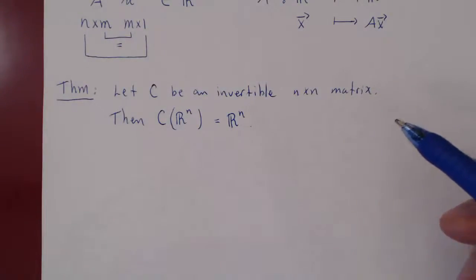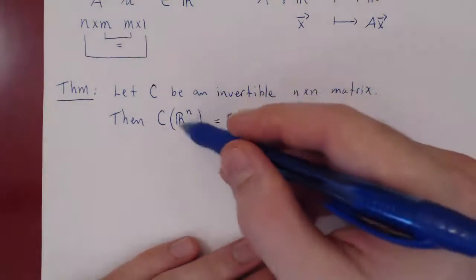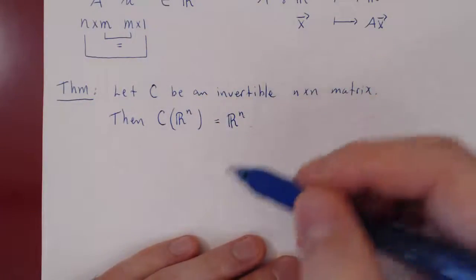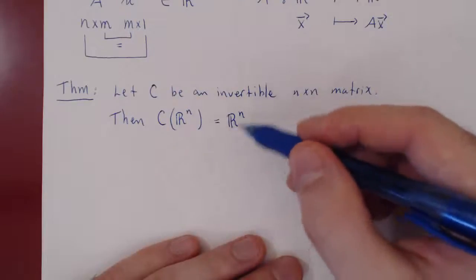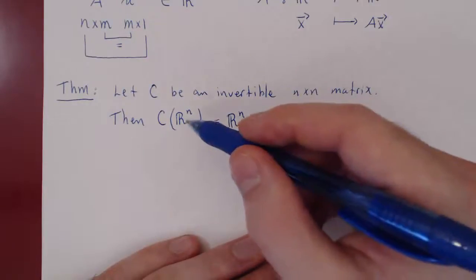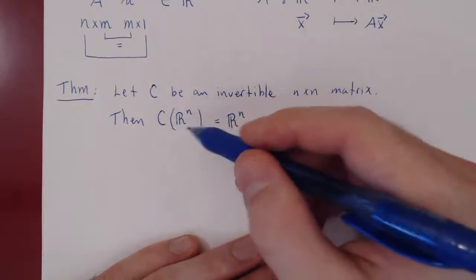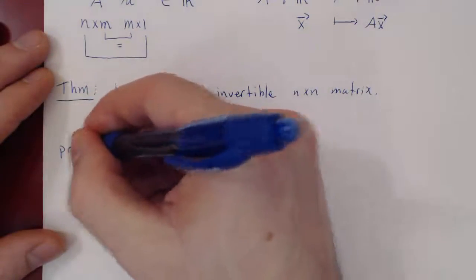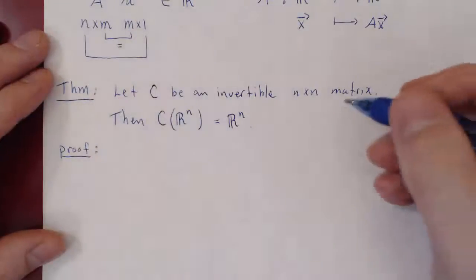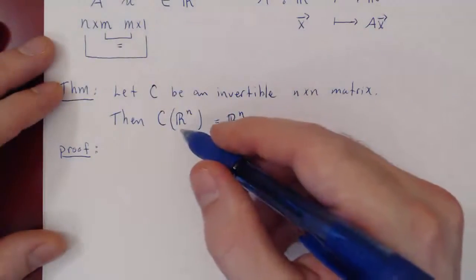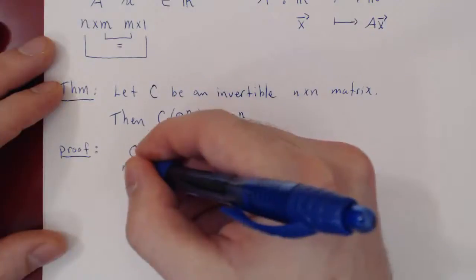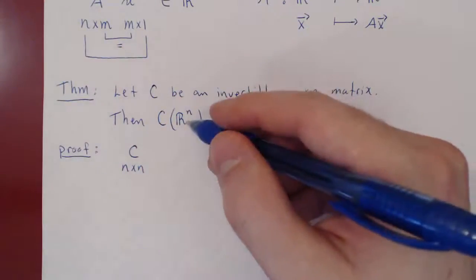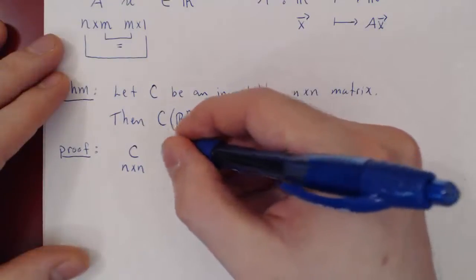So we have to prove two things. First, that if we do multiply a vector in Rn by C, we have a vector in Rn. And second, that we can get every vector in Rn by multiplying the appropriate vector in Rn by C. Let's prove this, and the proof will be very straightforward. First, we take the matrix C, which is an n by n matrix, and we multiply a vector in Rn, say vector u.